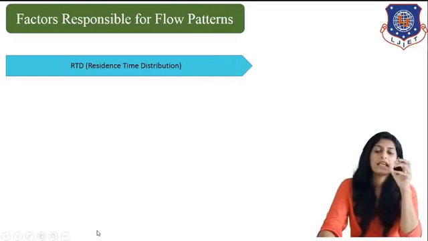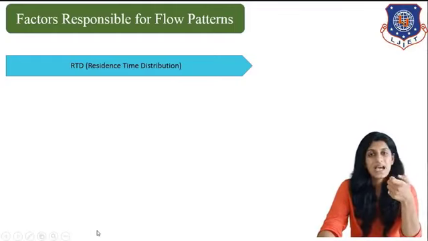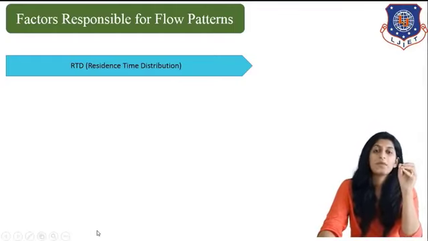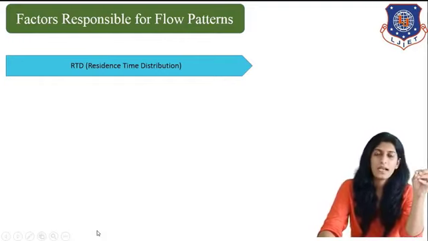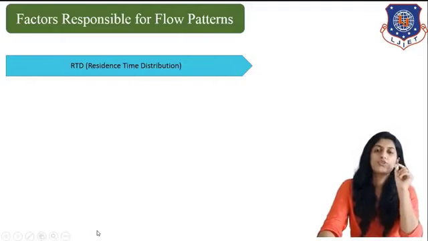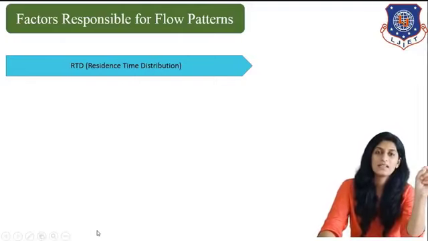To understand what RTD is, we first understand what residence time is. The residence time is the time taken by a molecule to pass through the reactor, right? The time taken by a reactant molecule to pass through the reactor is known as residence time.